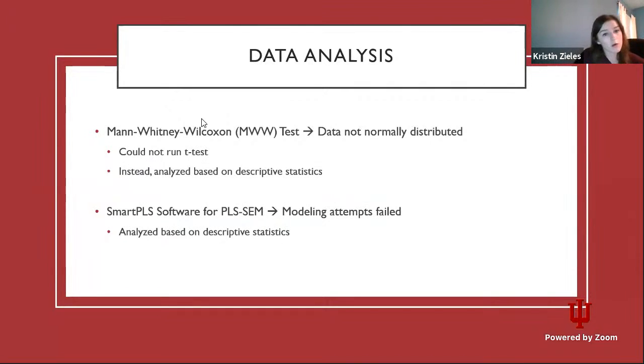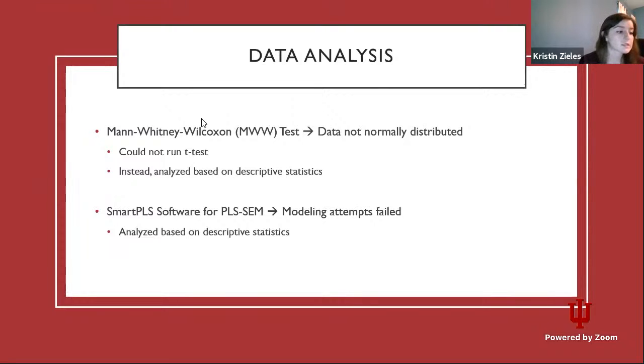The Mann-Whitney-Wilcoxon test was used to determine if our data was normally distributed. The data, unfortunately, was not, so the analysis was done using summary descriptive statistics. For the survey data, partial least squares structural equation modeling was identified as the best analysis method. This supports defining causal relationships and typically works well with small sample sizes.